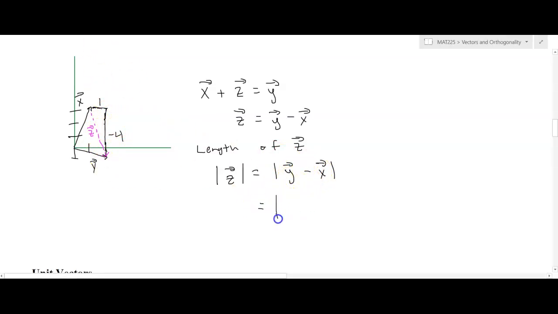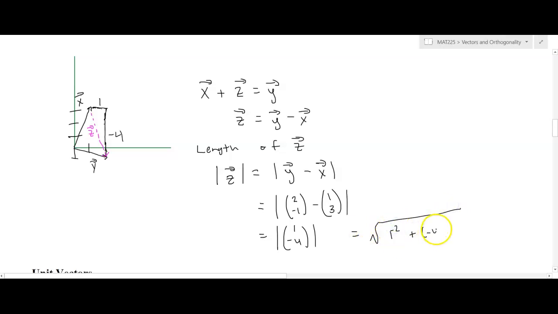So if that's going to be the difference between (2, -1) minus (1, 3), then you're going to see that the vector that we're actually measuring the length of is the vector (1, -4). And that's exactly what we have here, (1, -4). So to compute the length of that, that's just going to be the square root of 1 squared plus -4 squared. So in order to find that, we just have to subtract the two vectors and find their length that way.